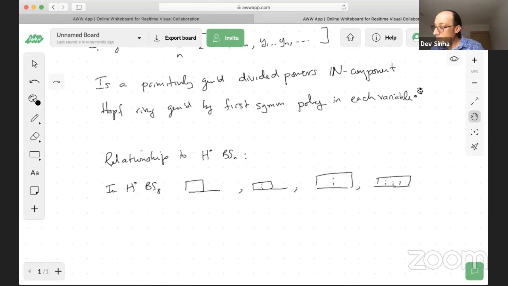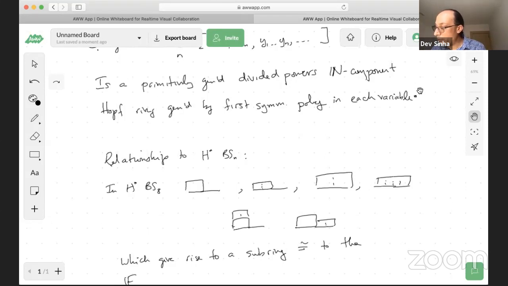And then the last two, so this is entirely analogous. I'm just reading off those other symmetric polynomials, which give rise to a subring isomorphic to this, F2 adjoin x1, x2, y1, y2, s2.